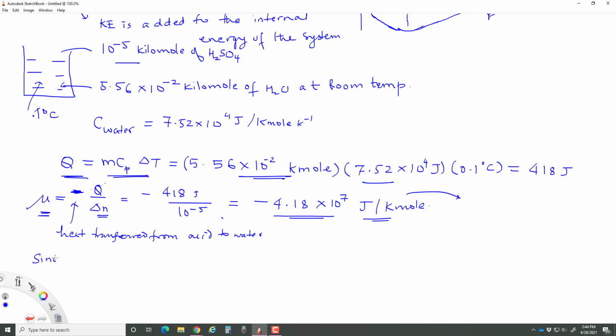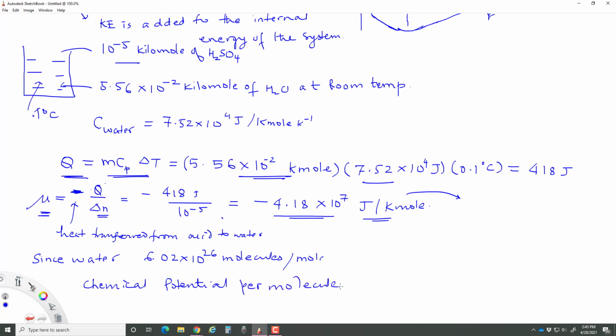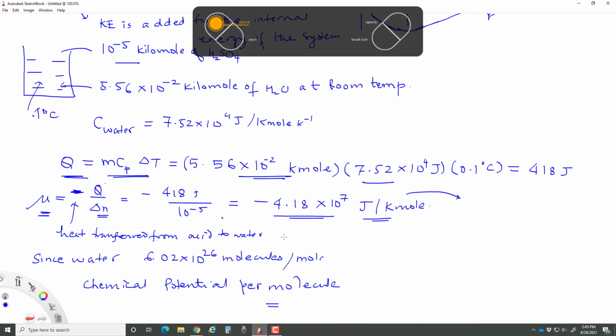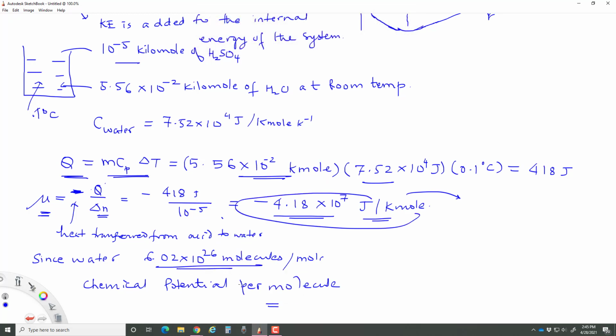So since water has 6.02 times 10 to 26 molecules per kilomole, the chemical potential per molecule is given by this over Avogadro's number, which would give us negative 6.94 times 10 to negative 20 joules.